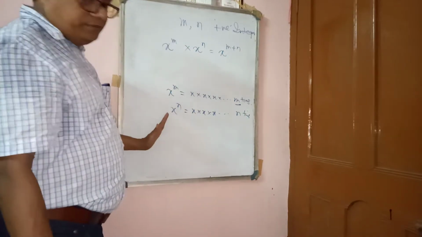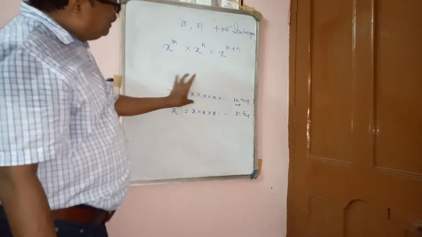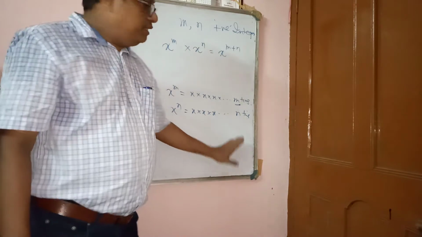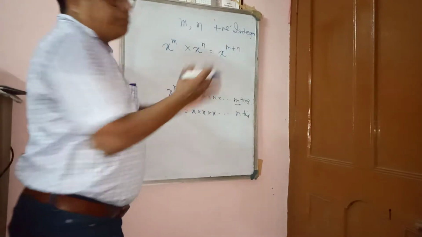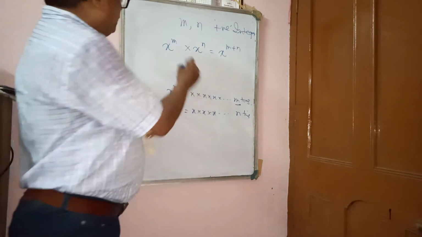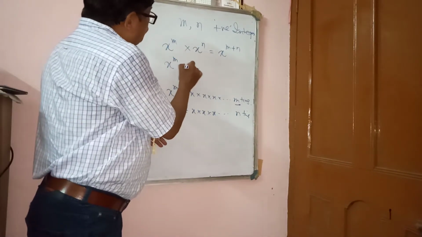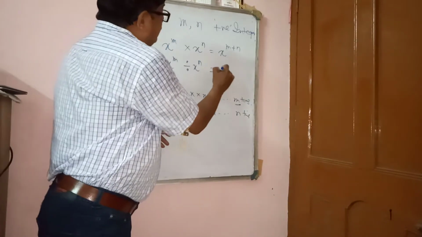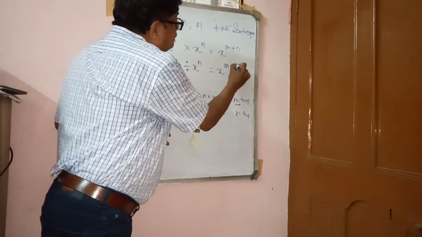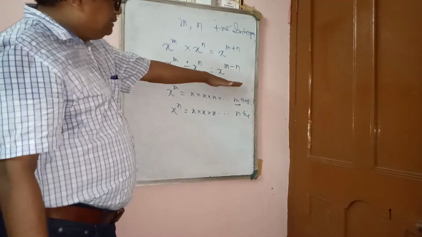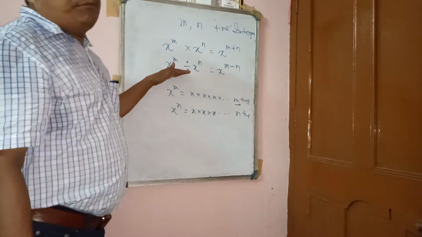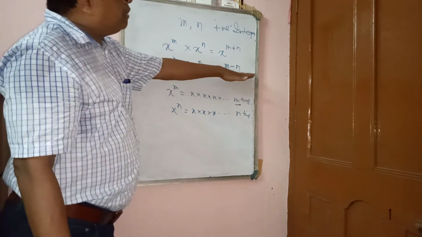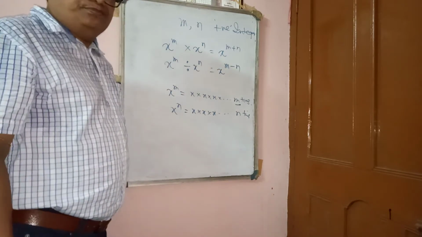So their product, this into this, is x into x up to m plus n times. That's why it will be x to the power m plus n. Similarly, x to the power m divided by x to the power n equals x to the power m minus n, since division is there. Keep in mind.